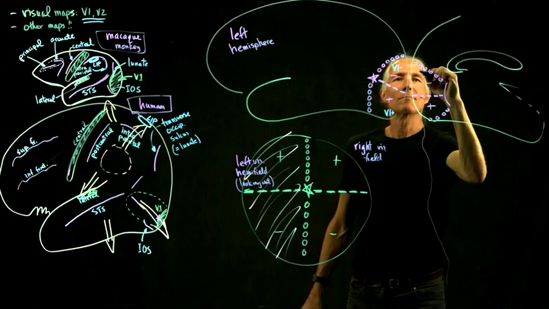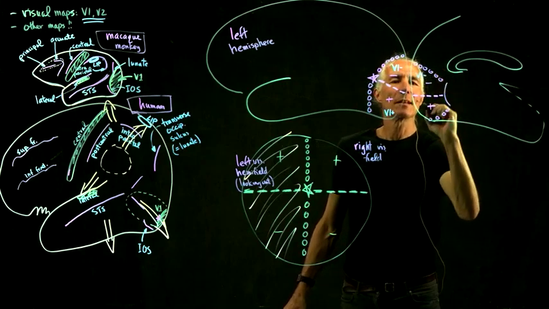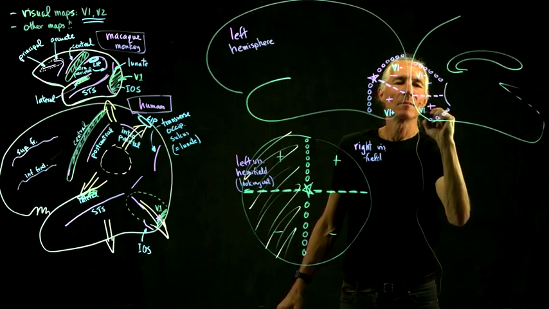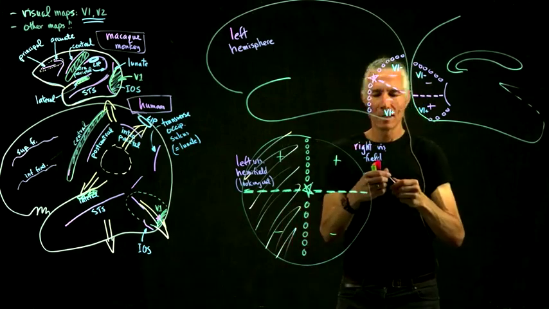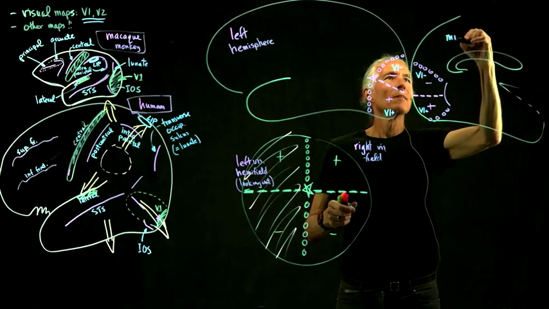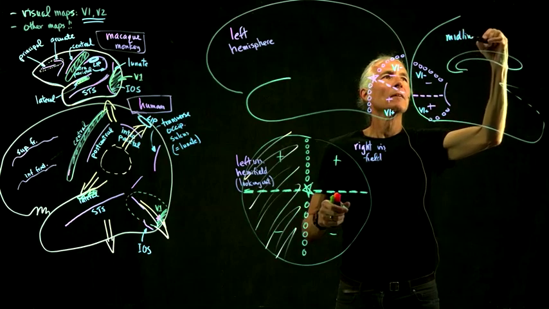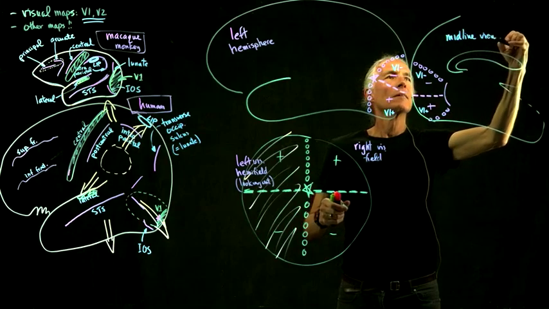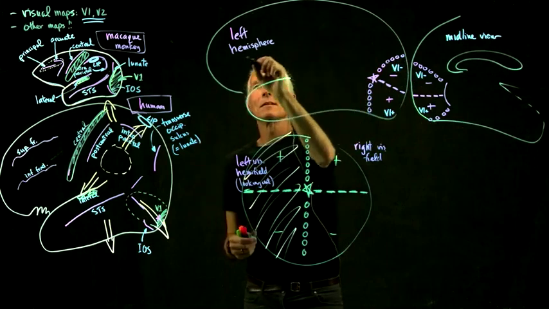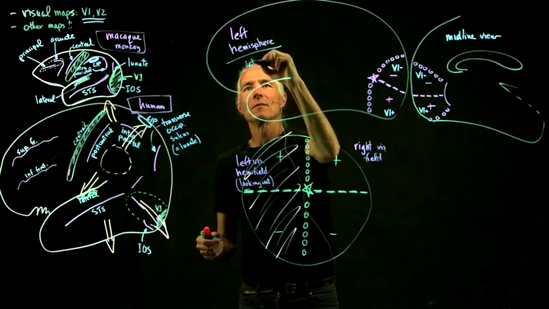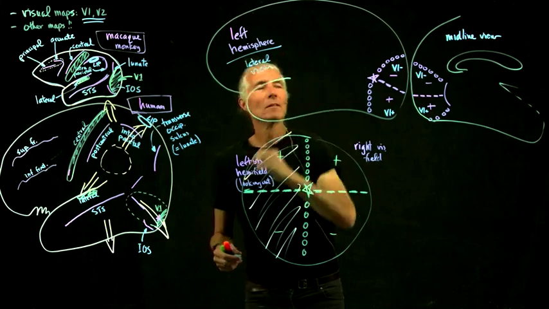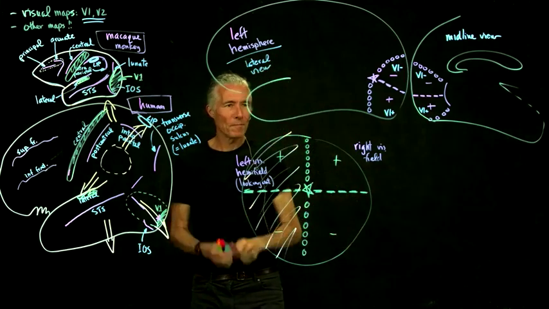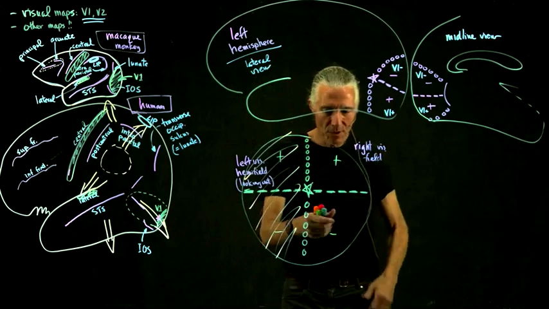And here's more V1 minus on the midline and more V1 plus on the midline. So this is midline view, and this guy is lateral view. Okay, so that's V1.